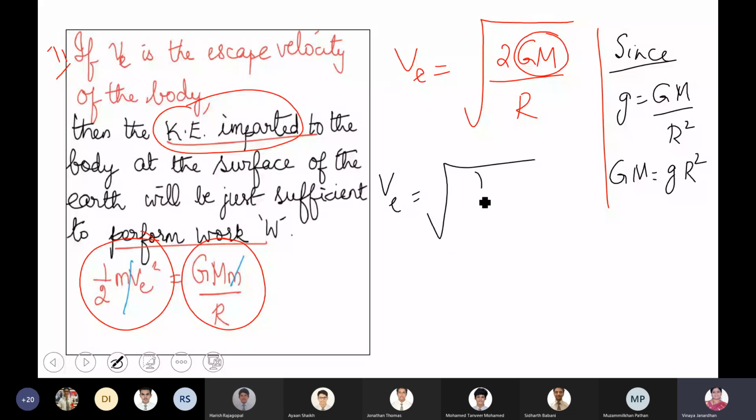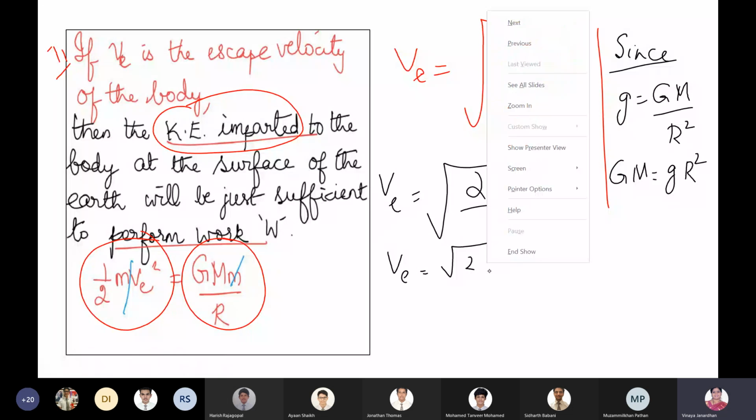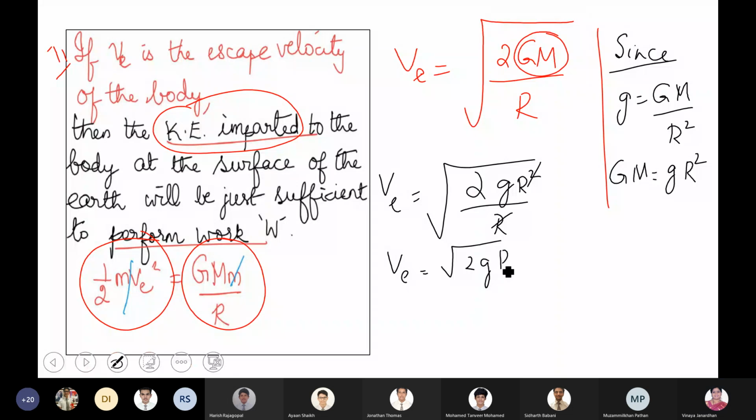That becomes 2 into gR squared by R. So VE becomes equal to root of 2gR. This is the escape velocity. Now, does it depend on the mass of the body? No, ma'am. So copy down, you can write the statement: it is independent of the mass of the body.